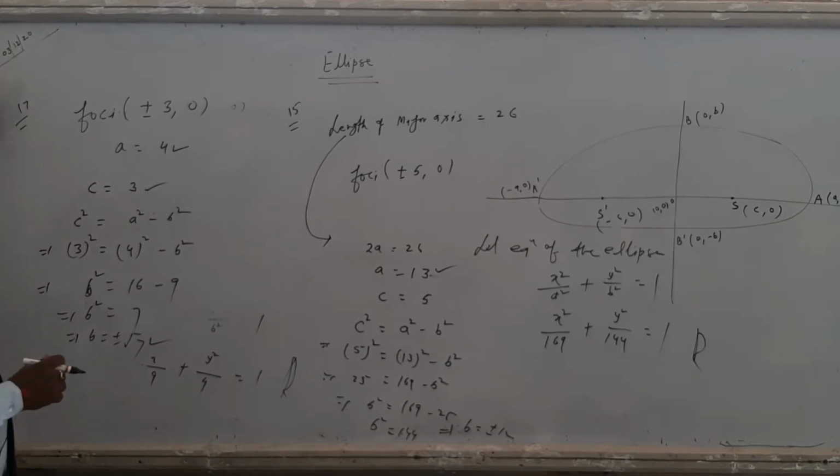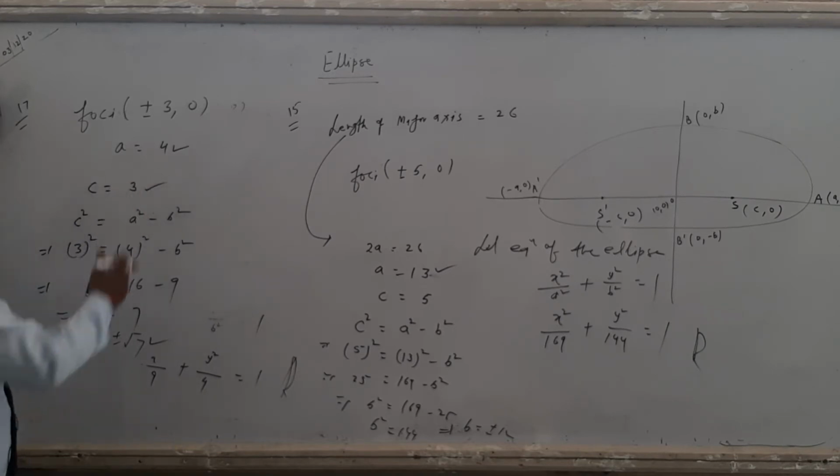And then a is 4, c is 3, again it is the first case, then a is greater than b.